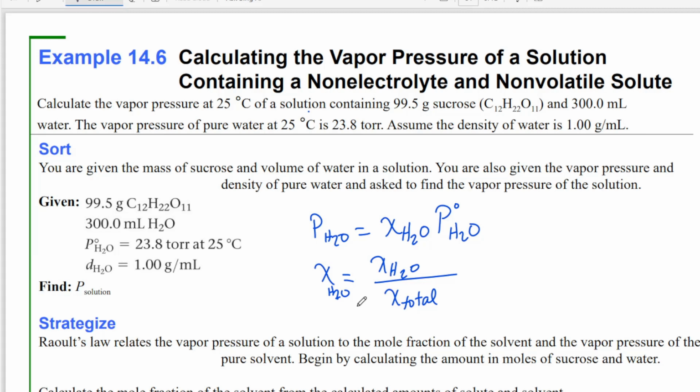And the mole fraction is equal to the moles of the water over the total moles. So what we need to do is calculate the moles of water and the total moles to calculate the mole fraction, and then we just take the mole fraction and multiply times the vapor pressure of pure water.